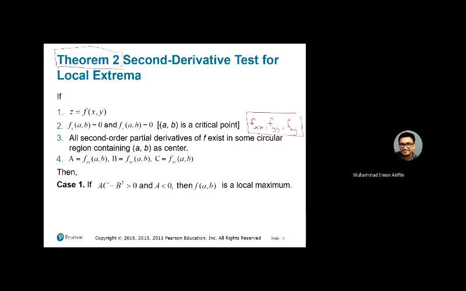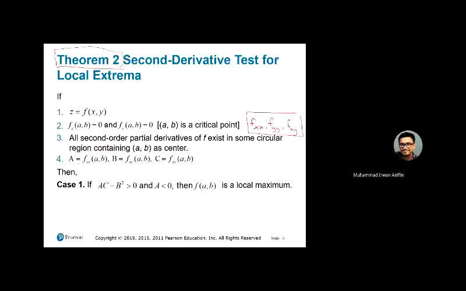First, we take the product of f sub xx and f sub yy, and then subtract b squared, the cross partial derivative. These are the own second derivatives, and this is the cross partial derivative.